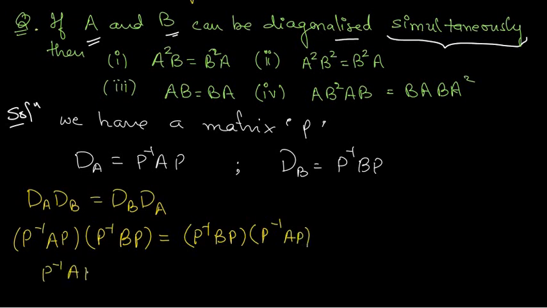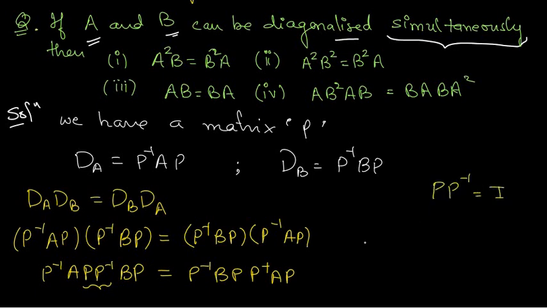So P and P inverse become identity, because P is a unitary matrix. So this will transform to P inverse AB P is equal to P inverse BAP.